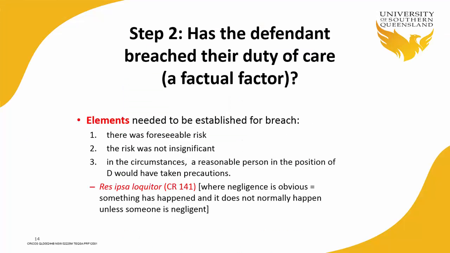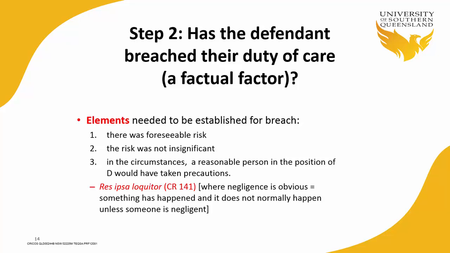Just quickly before we leave the second element, I want to mention something that's of use, which is known as res ipsa loquitur. The discussion of res ipsa loquitur is on page 141. This is Latin for the facts speak for themselves. This is a rule of evidence.